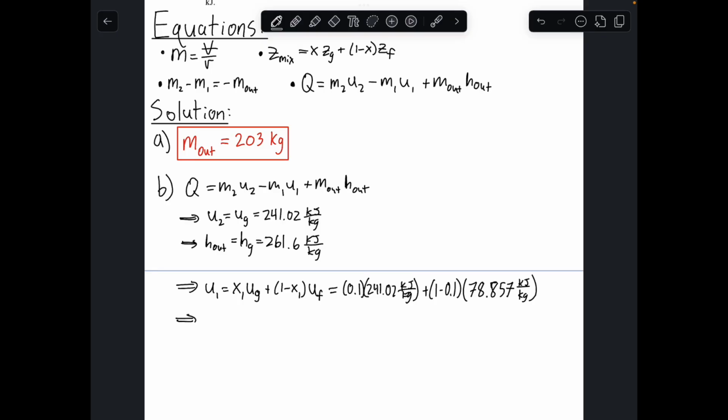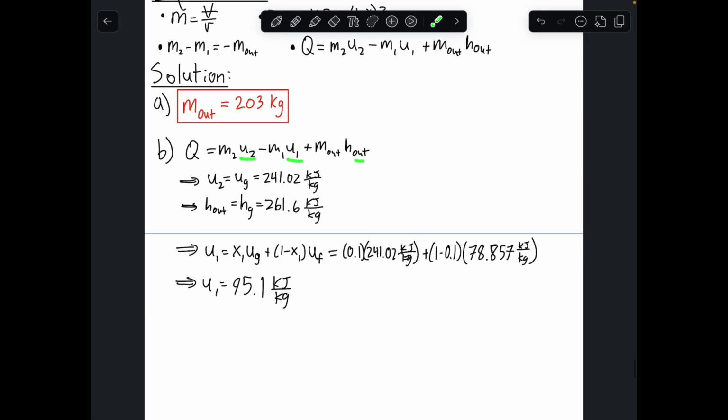If you plug that into your calculator, we should get U1 to be 95.1 kilojoules per kilogram.